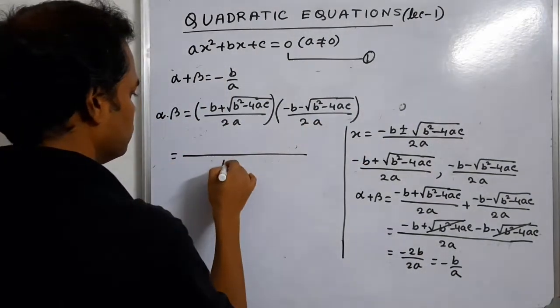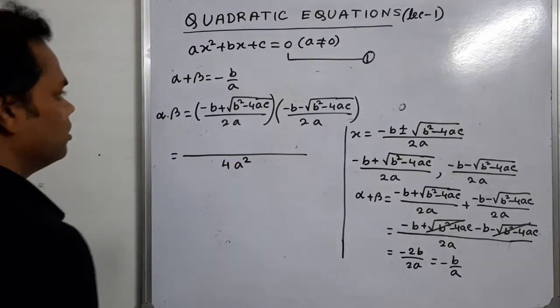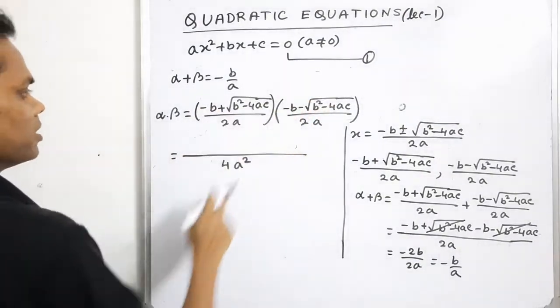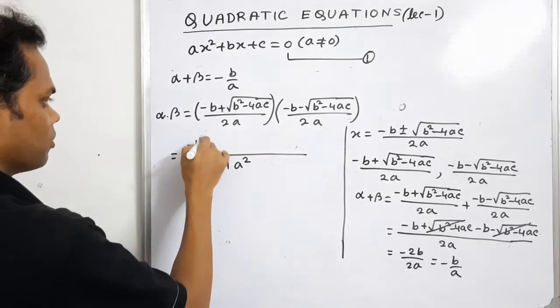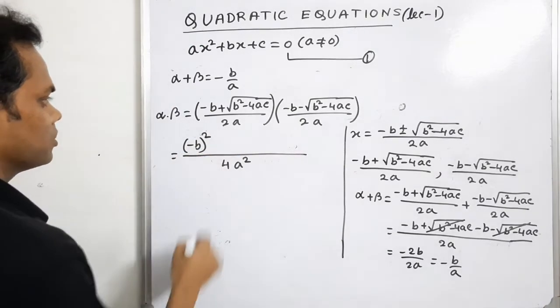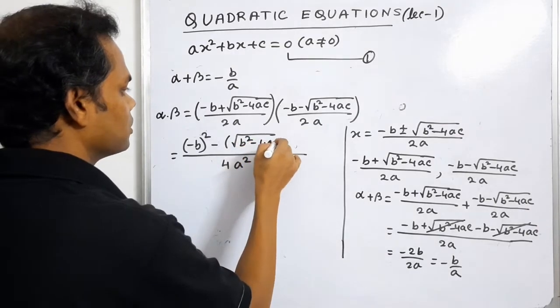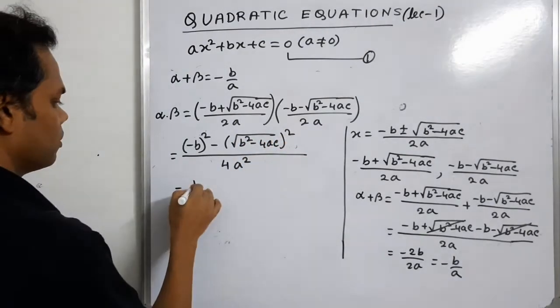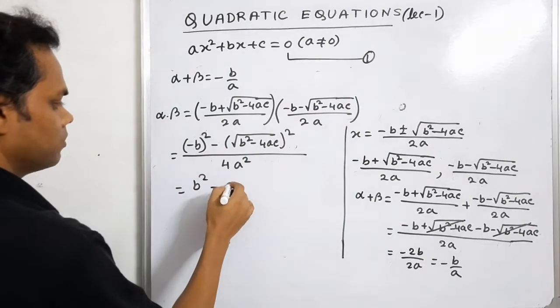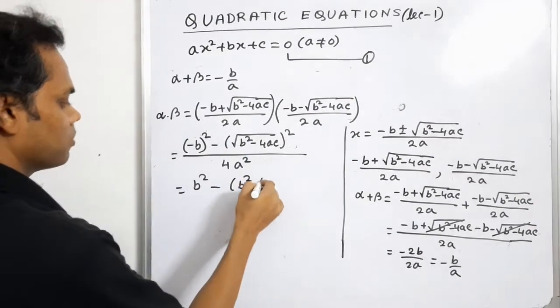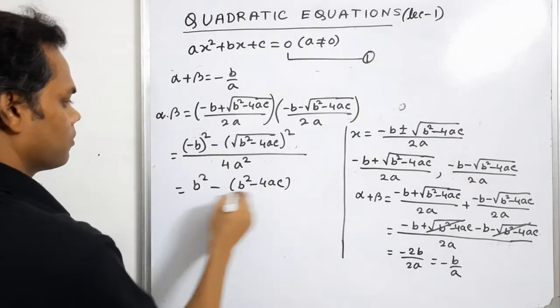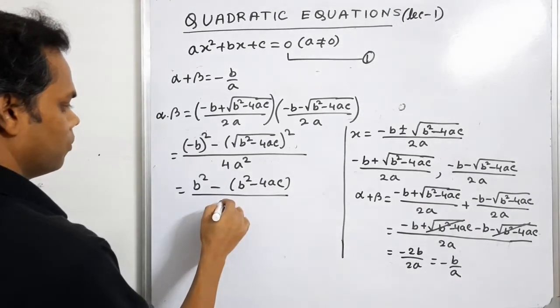The denominator is 4a square. Using a plus b into a minus b equals a square minus b square, this becomes minus b whole square minus square root of b square minus 4ac whole square, so b square minus of b square minus 4ac, by 4a square.